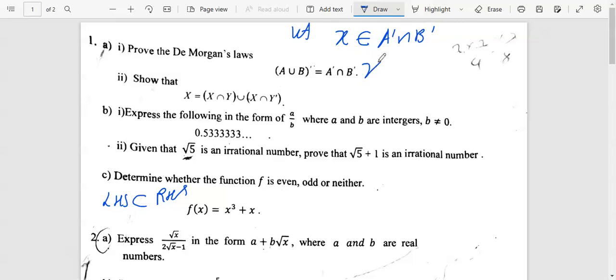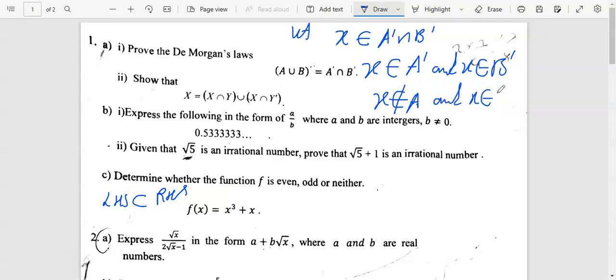It means that x is a member of A complement and x is a member of B complement, right? This means that x is not a member of A and x is not a member of B since they are members.